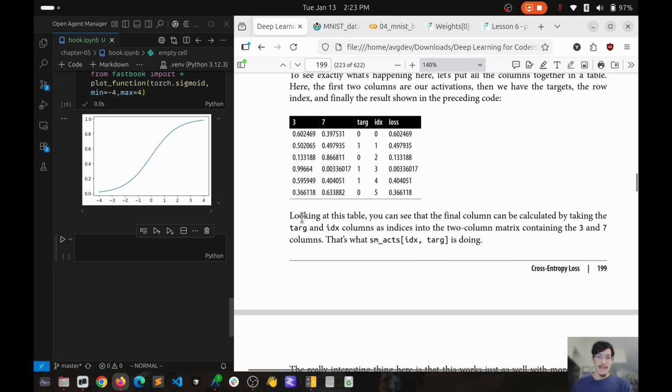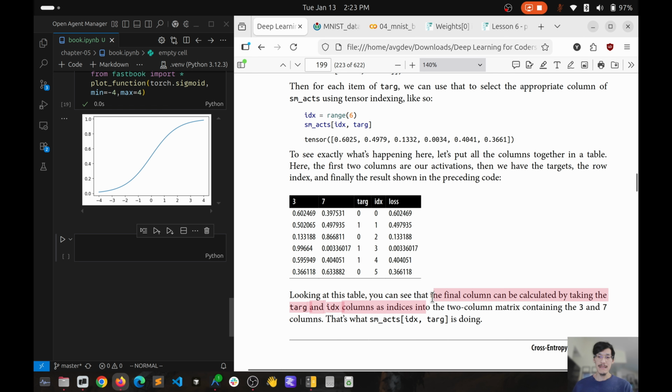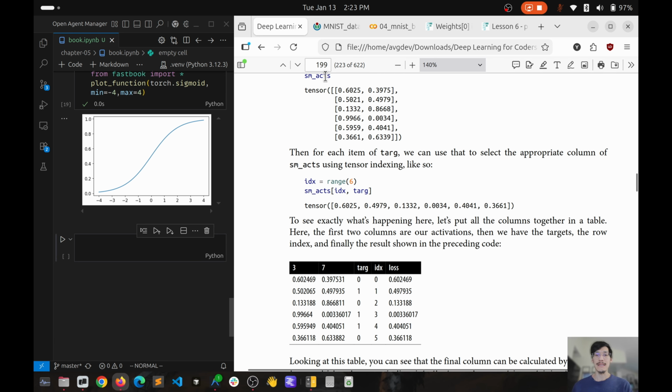Okay, so looking at this table, you can see that the final column can be calculated by taking the targ and IDX columns as indices into a two-column matrix containing 3 and 7 columns. Yeah, so that's what it's doing. You're going from 0 to 5, and based off of the target, either 0 or 1, you're just going to select that from this table here.